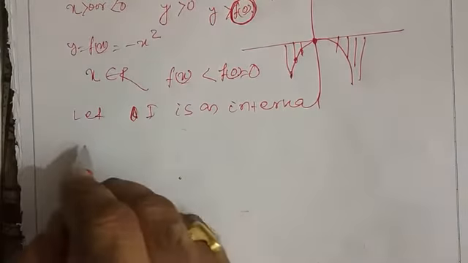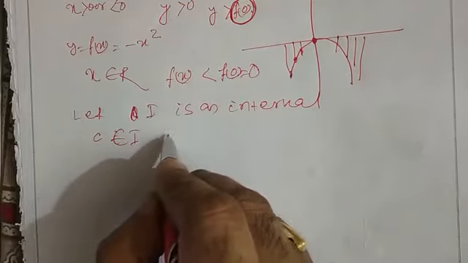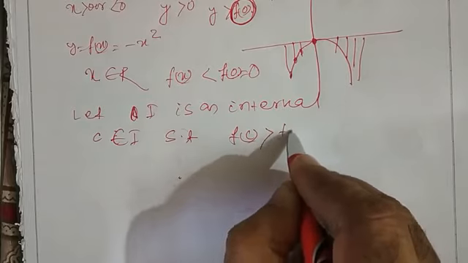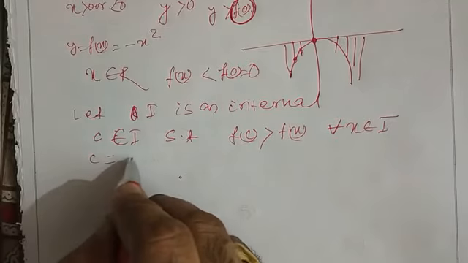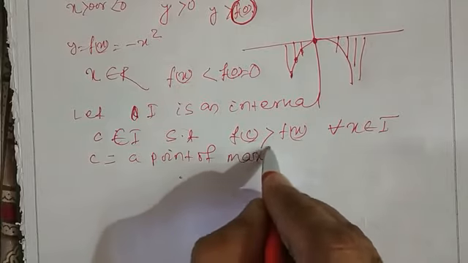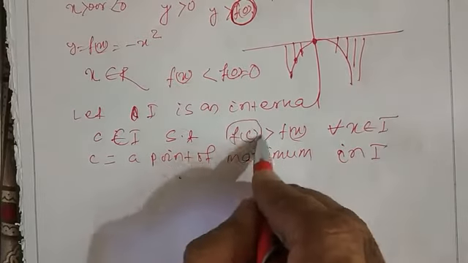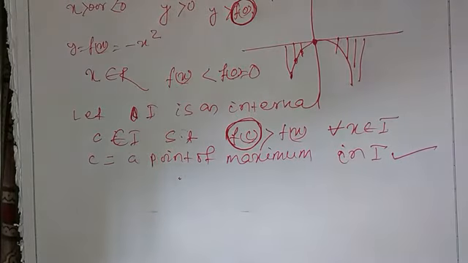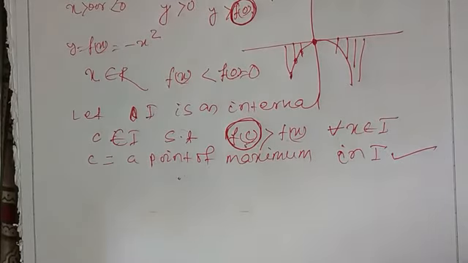If I find a point c belonging to I such that f(c) is greater than f(x) for all x belonging to I, then c is called a point of maximum in I, and f(c) is the maximum value of the function in that interval. Why? Because f of c value is always greater than all values, so it is the maximum.